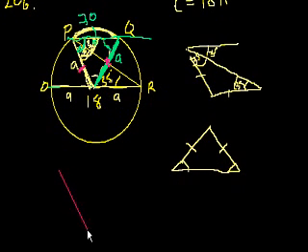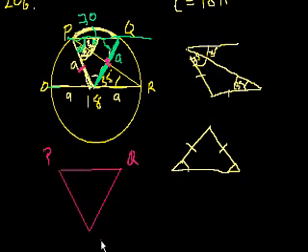I'm trying to figure out the value of this upside down triangle. So this is P, this is Q, and this is the center of the circle. We know that this side is 9, this side is 9, and we just figured out that this angle right here is 70, 35 plus another 35. Once again, isosceles triangle. If this side is equal to that side, then this angle is equal to this angle. So this angle also has to be equal to 70.